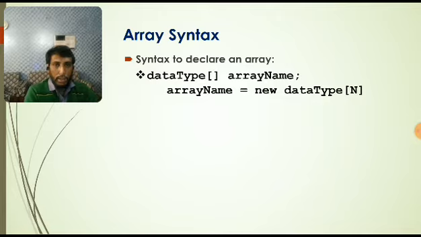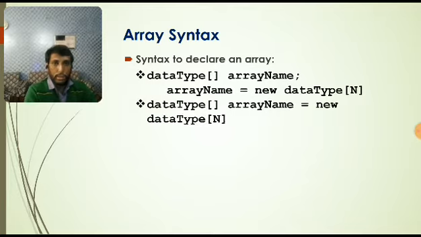So we give the array name, assignment operator, and the new keyword is used to initialize, followed by data type and the name. Let's look at this: data type, array name, new data type name. So you can write like the top one, and you can write like the bottom one also. Both ways it works.